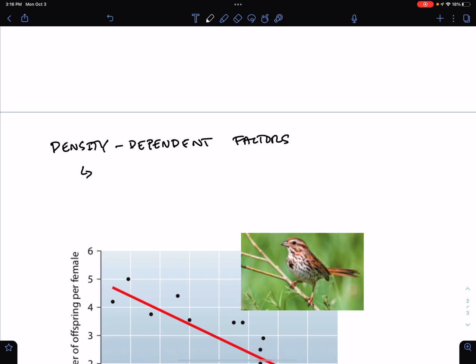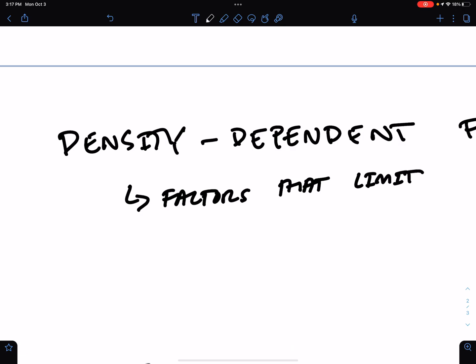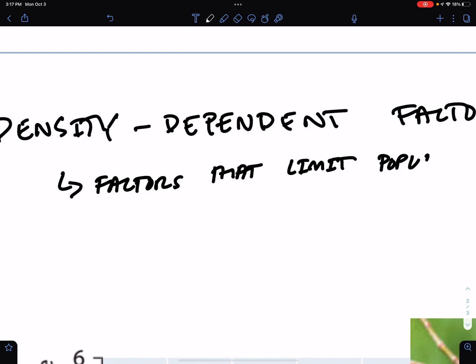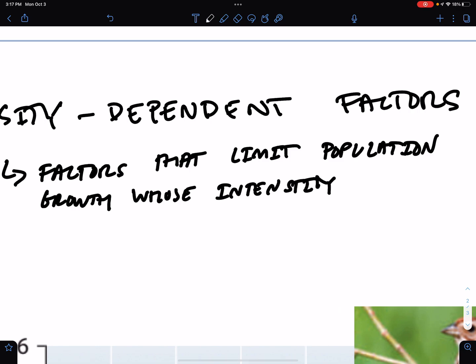Okay, density-dependent factors are factors that limit population growth, and whose intensity is related to population density.